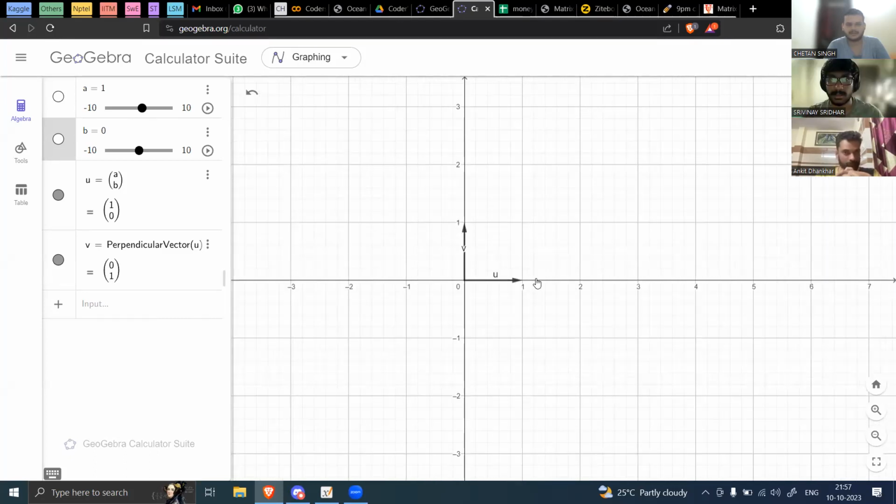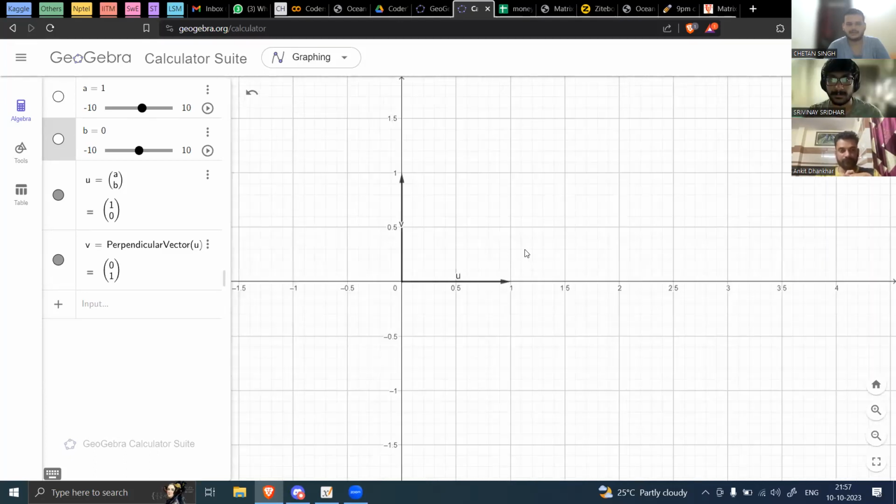Can you see, Chituraja, what happens at 1 comma 0 and 0 comma 1? Is the slope 0? What does that mean when you say the slope is 0?